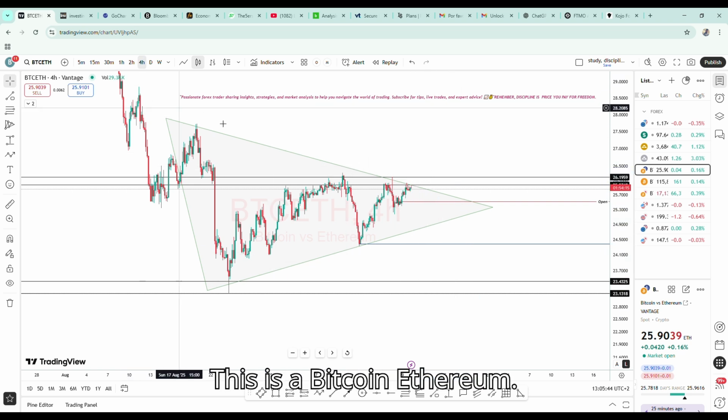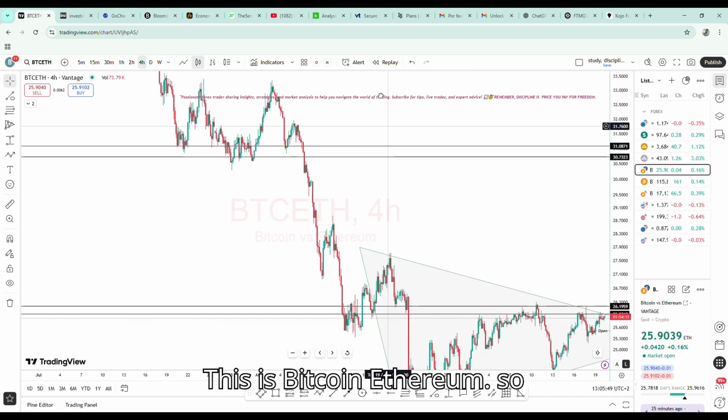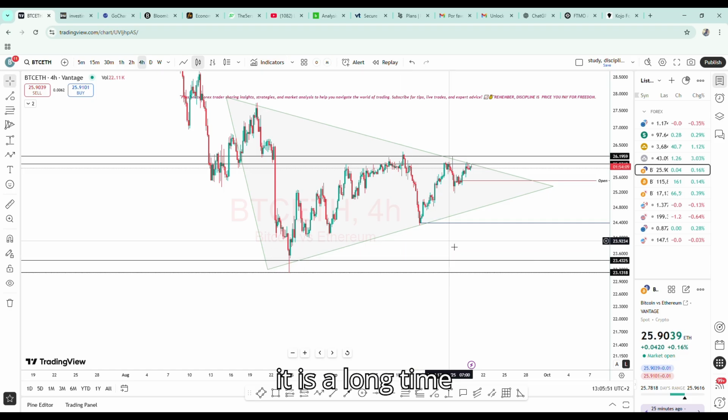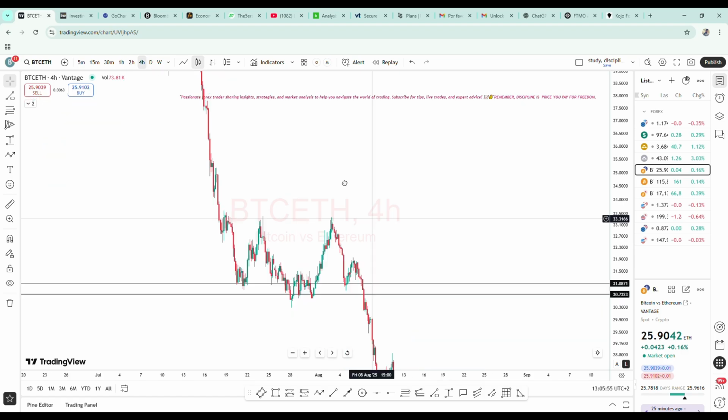This is Bitcoin Ethereum. So it is in a long-time downtrend. You can see this.